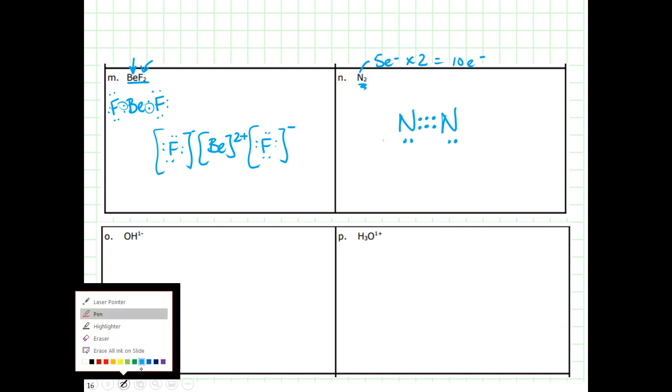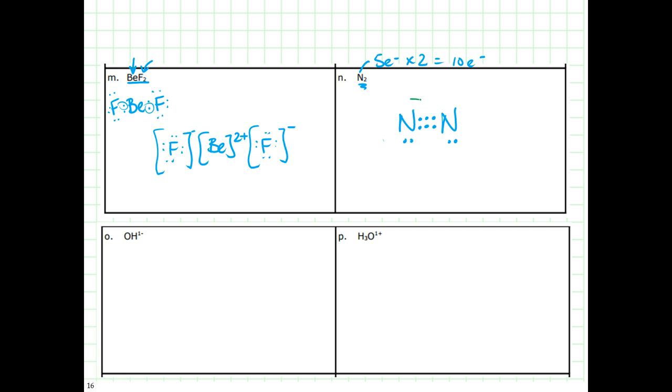So now, this is so cool. Nitrogen, this guy has 2, 4, 6, 8. This nitrogen also has 2, 4, 6, 8. And that is a triple bond because there are 1, 2, 3 pairs of electrons between those 2 nitrogen atoms.